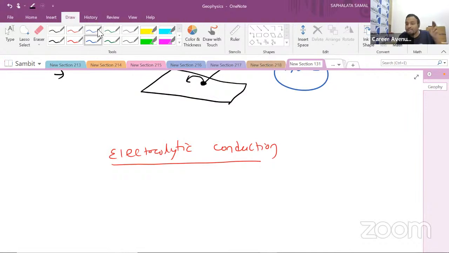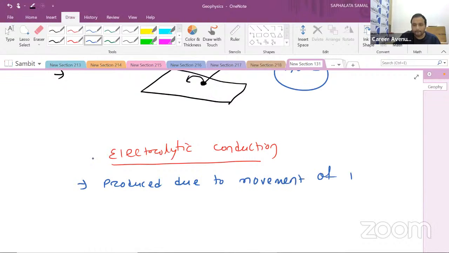While doing so, the charges are moving, and whenever charges move, an electric field is generated. So these are produced due to movement of ions aided by fluid movement. We call this electrolytic conduction.